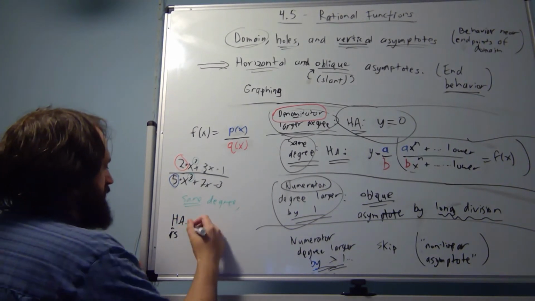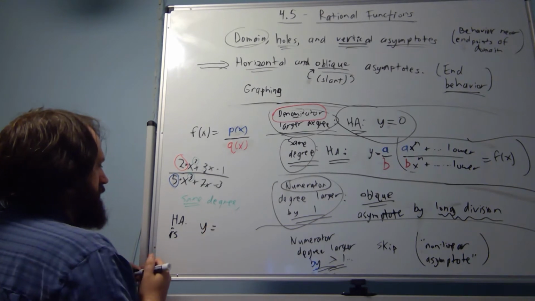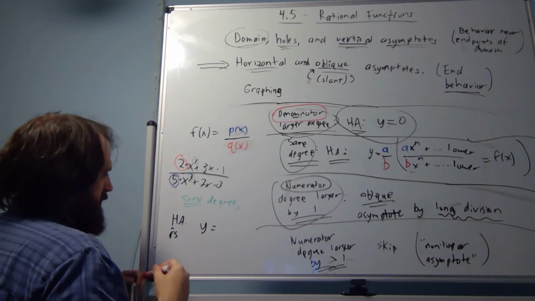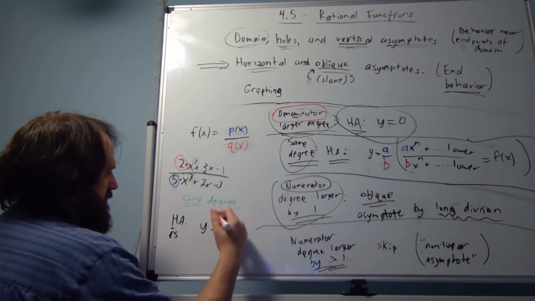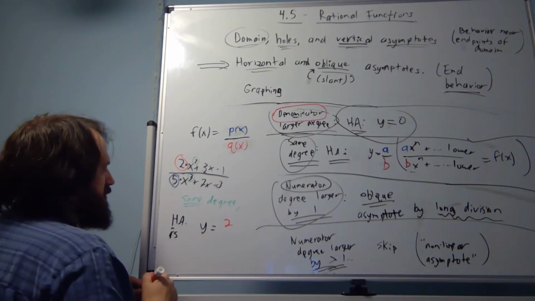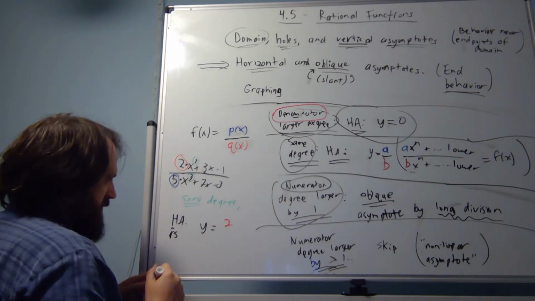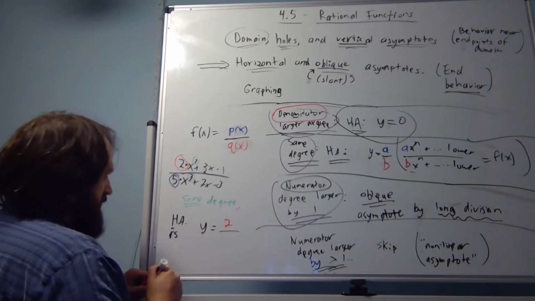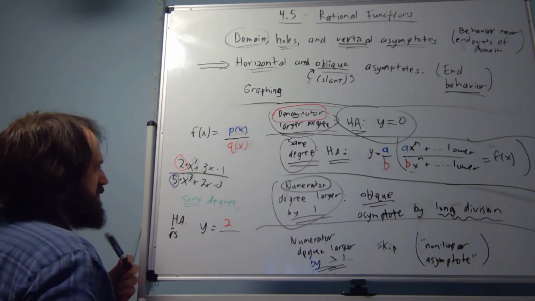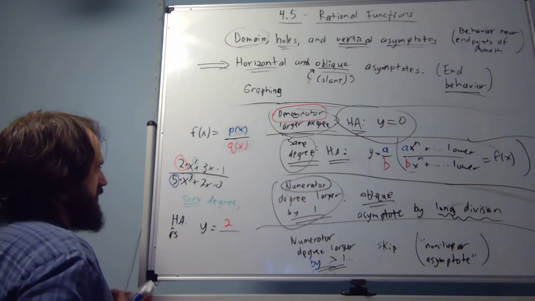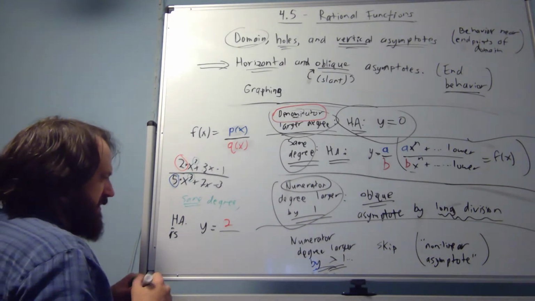Maybe the numerator is 2 billion, and then the denominator is like 5 billion plus something.